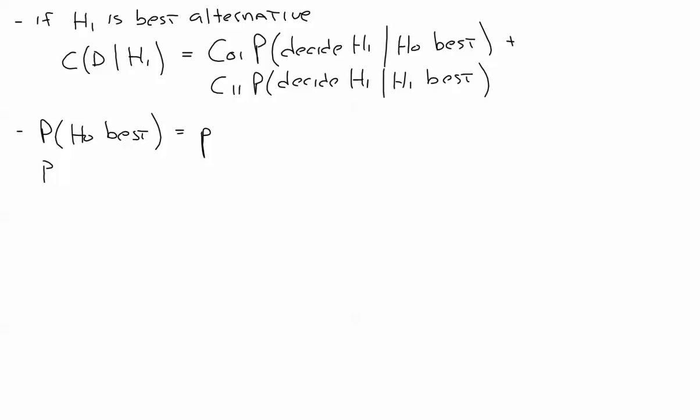And the probability that H sub 1 is the best, we're going to let that equal little q. And little q equals 1 minus p. In other words, p plus q equals 1. Remember, we're tackling a strategy for choosing between two alternatives. One of those alternatives must be the best, in this discussion.